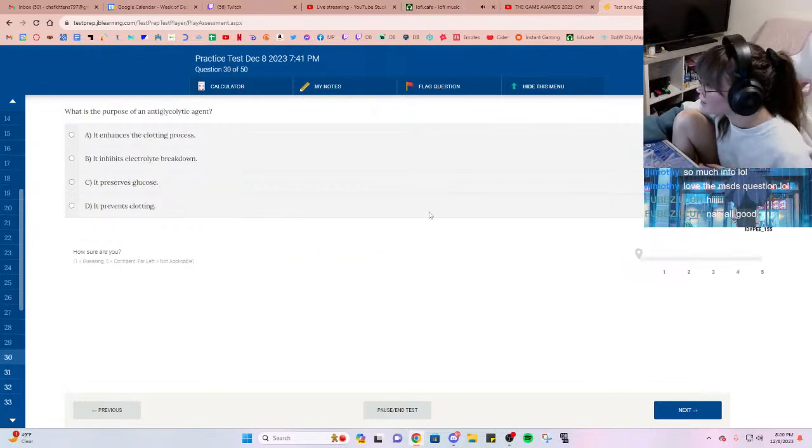Cute. What is the purpose of an anti-glycolytic agent? Anti-glycolytic agent enhances the clotting process, inhibits electrolyte breakdown, preserves glucose, or prevents clotting.